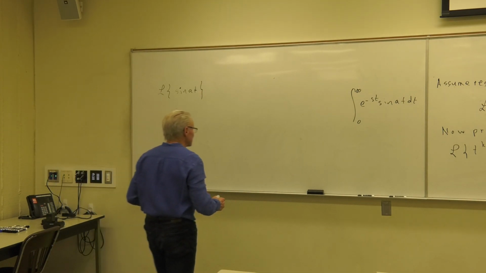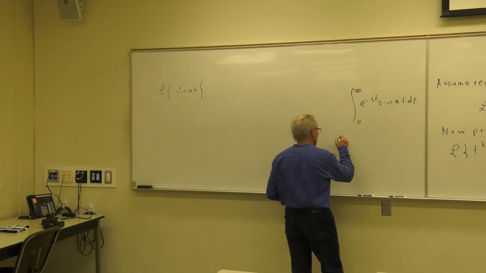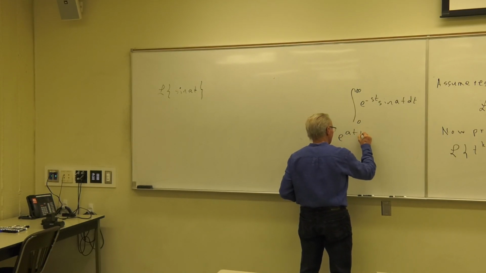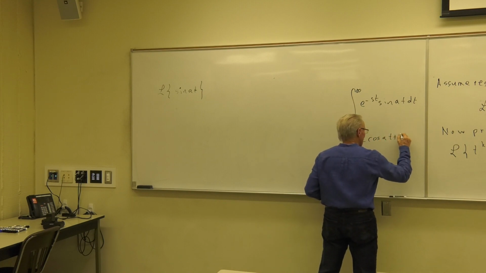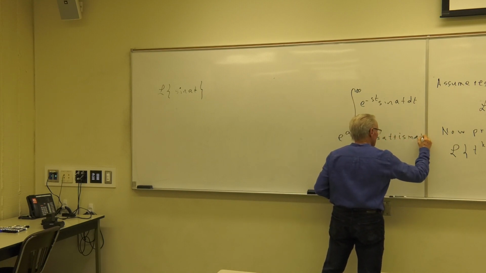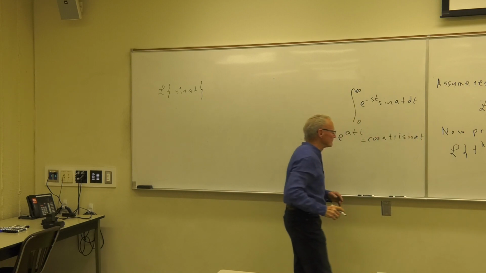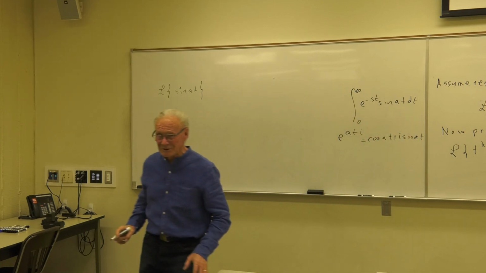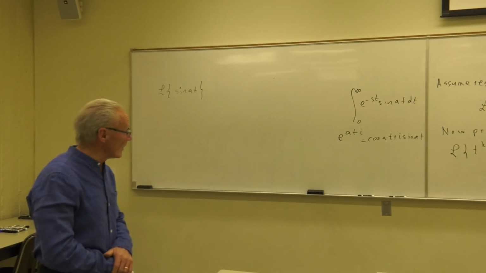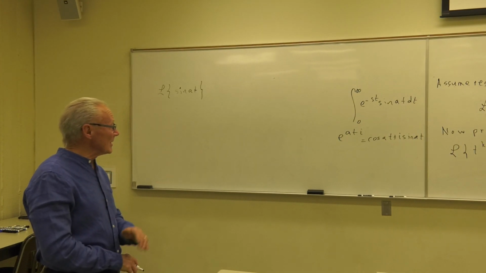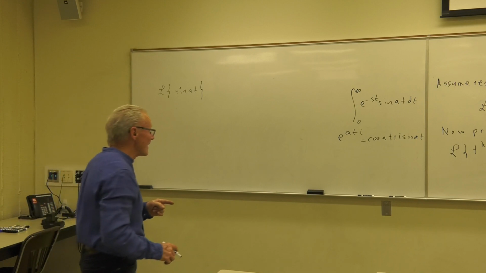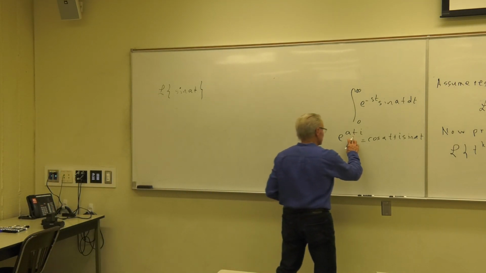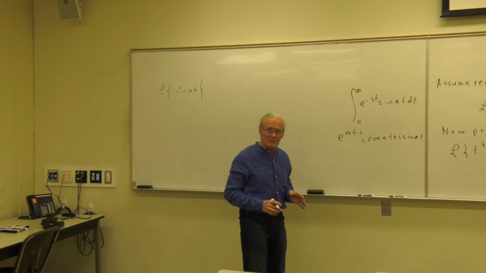What I'm going to remind you of is Euler's identity. That was the cosine of at plus i, the sine of at. Remember, we've run into that on various occasions in the course before. One thing I didn't do, and I think you should do, is prove this with series.